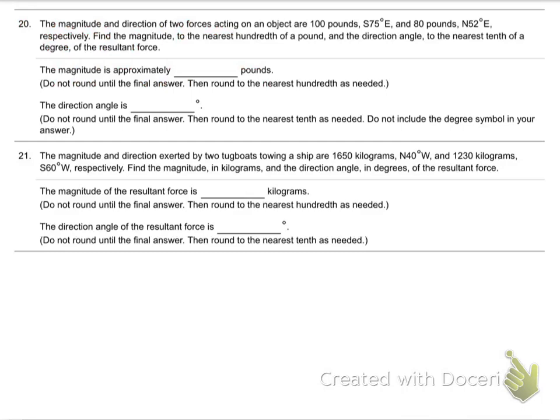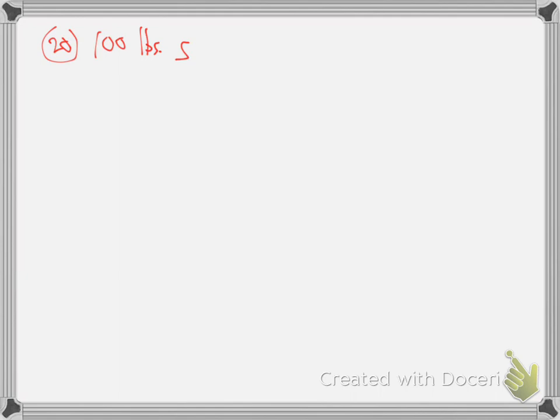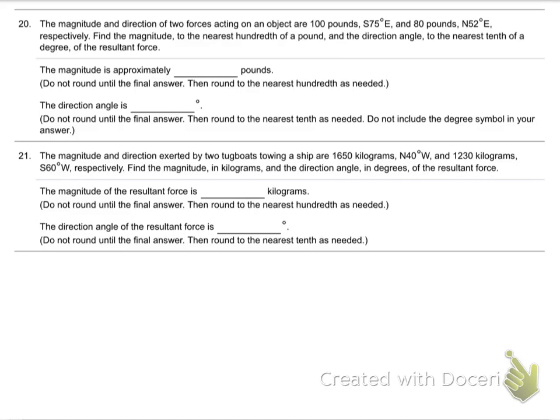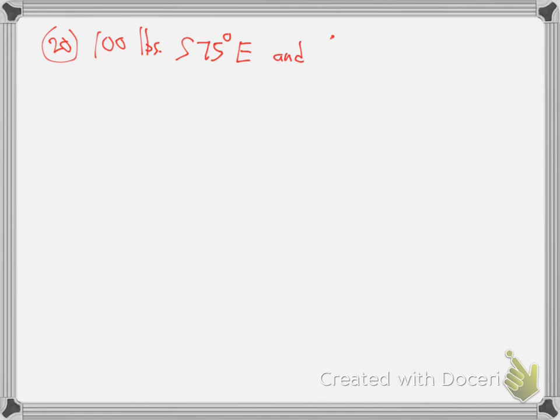So 100 pounds south 75 east. And what's the other one? 80 pounds north 52 degrees east. Okay, that's all we need.